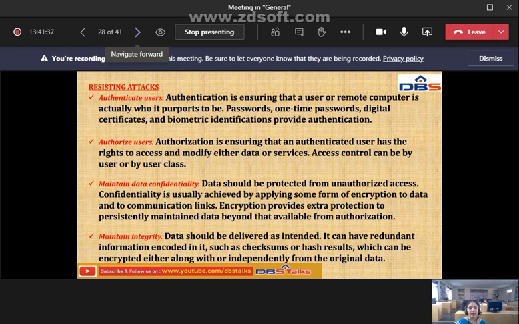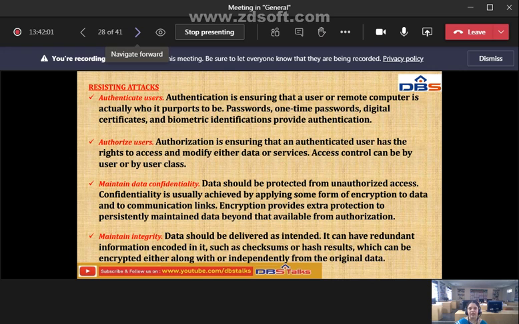We already know what encryption is: we are adding some bits to the original data. So when it is received by the receiver, it can be decoded by the particular person by using private keys and public keys. That is the meaning of maintain data confidentiality.